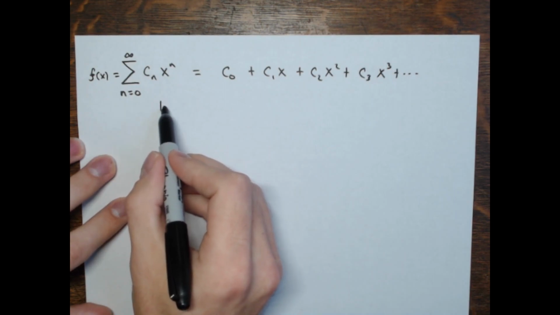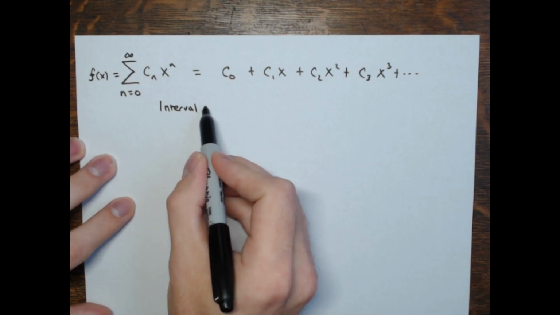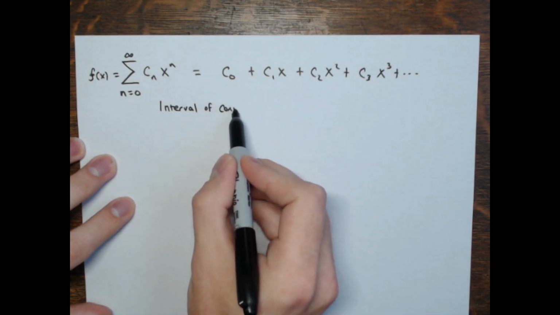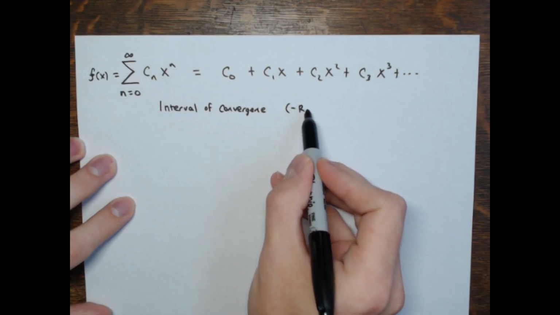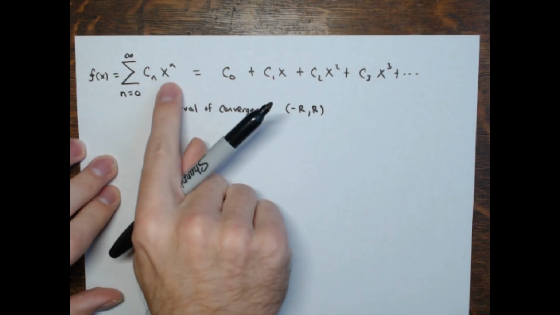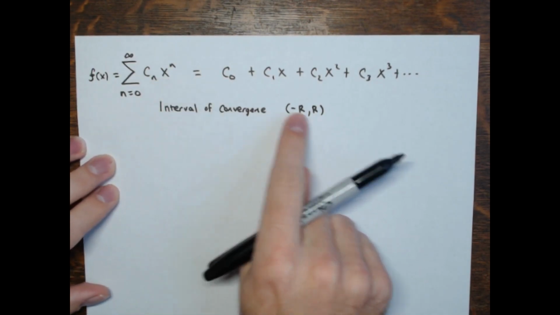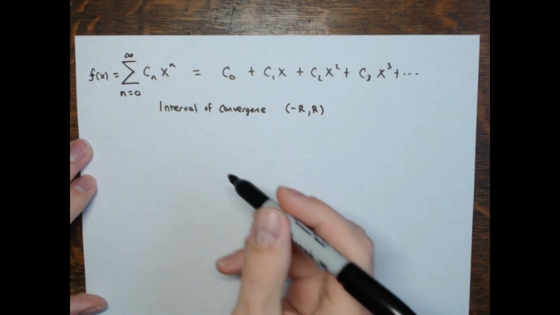And let's suppose the interval of convergence is from negative r to r, right? Remember where r was the radius of convergence, and it's centered at 0, this one. If it's centered at x equals a, you'd have a different value, but in the middle.